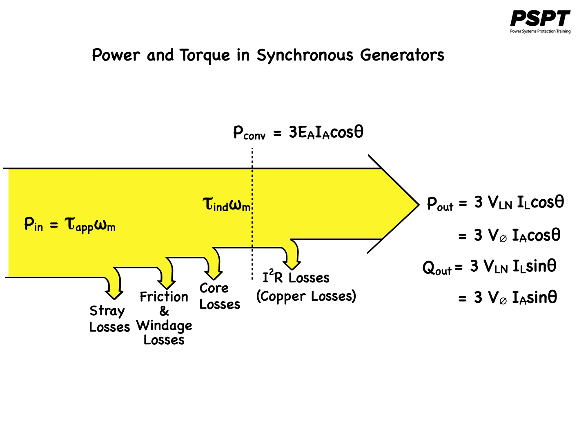If we're looking at the reactive component of power, it's given by the same formula, except we're using the sine of the angle between the voltage and the current in this case.